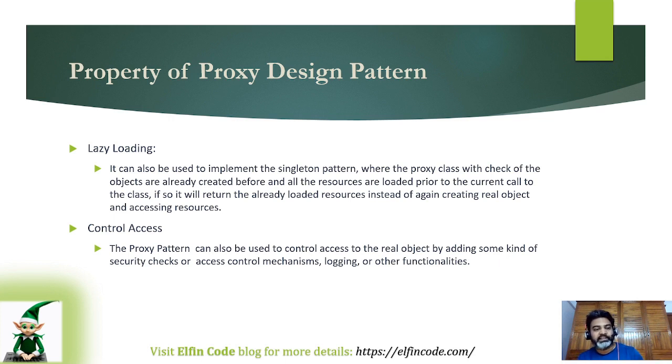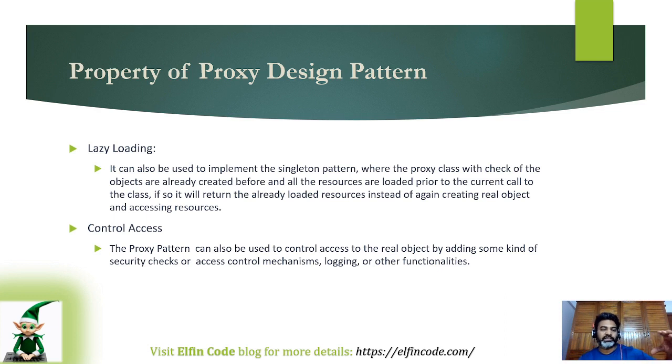If available, it should return the object already loaded in the cache, instead of again connecting to the resource and loading the data. Via the proxy design you can implement it very well.